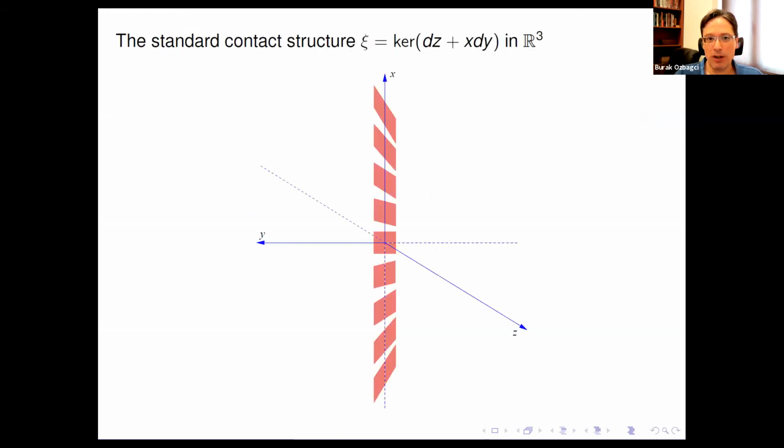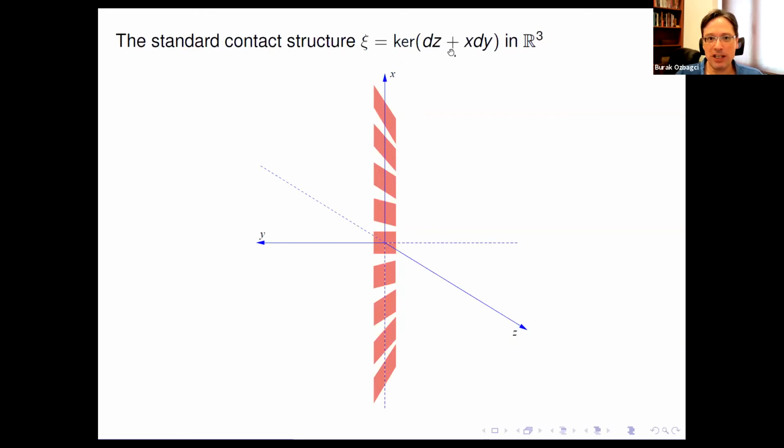So let me show you this picture of contact planes in the standard contact structure. This is along the x-axis, and I show you the planes along the x-axis. There is one which is horizontal, the way that we look at it, and it rotates as you go along the positive x-axis.